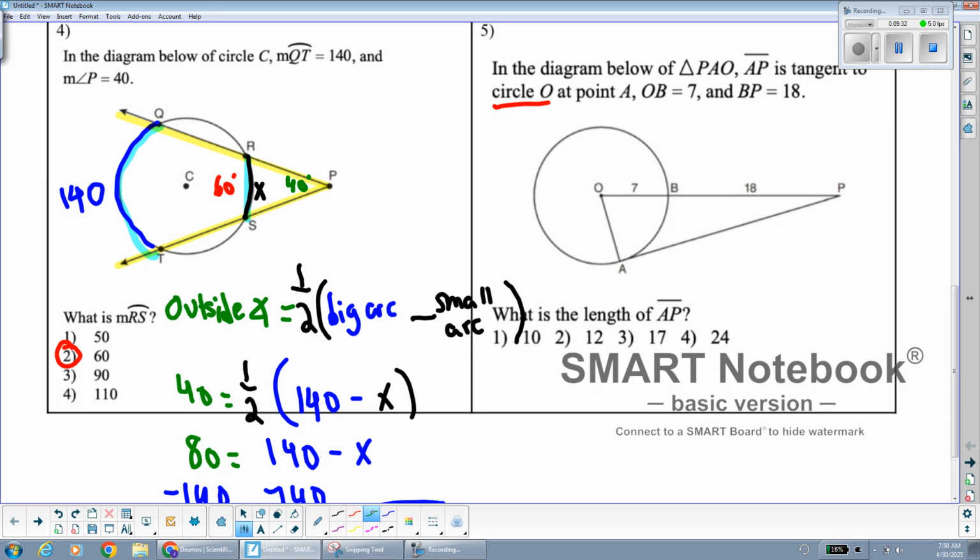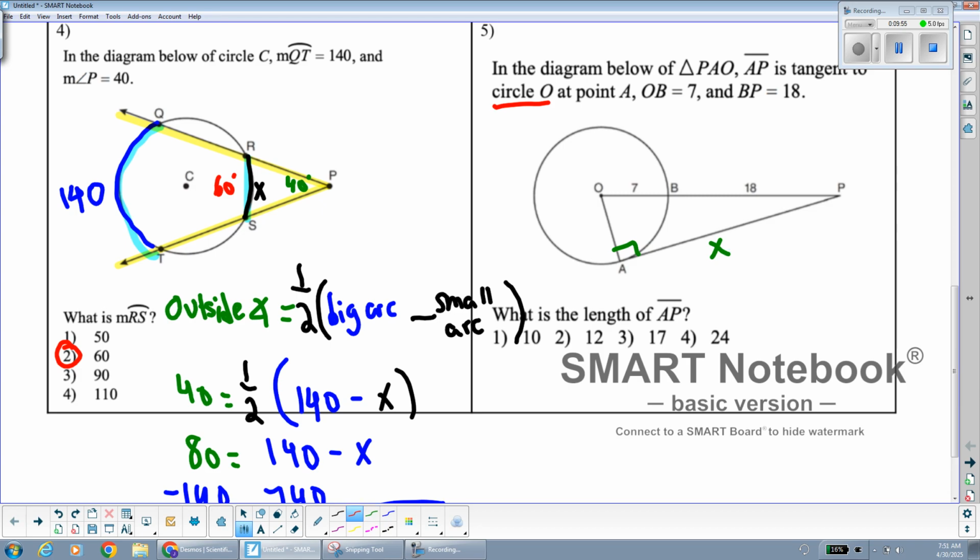We do know that when a radius and the tangent meet, they're perpendicular, meaning that they form a 90-degree angle. So we have a right triangle here. We're looking for the length of AP, this side of the right triangle.